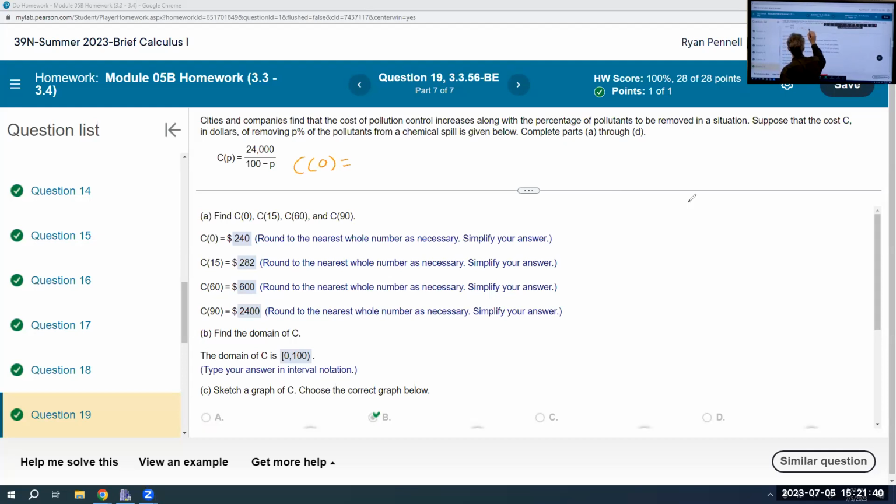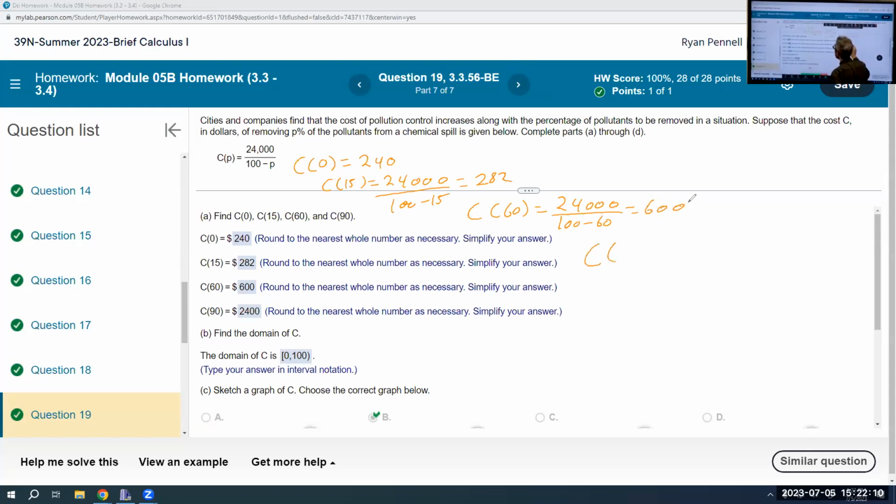C of 0 turned out to be 240. C of 15. C of 60. We're going to use these numbers in just a minute. 60, which is 40. 100.